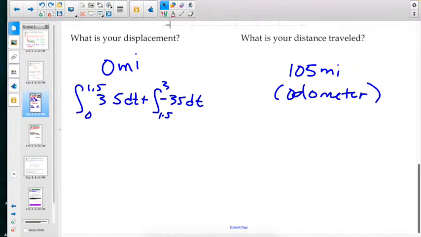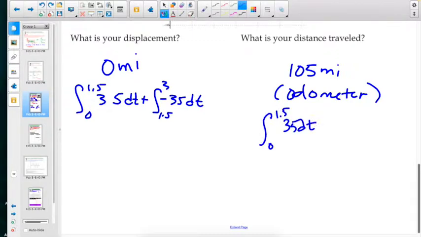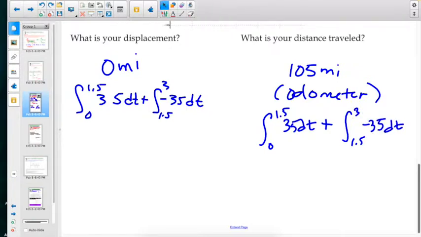Okay, where do I need my absolute value? On the negative. Okay, so Nick is saying same thing. And that's a plus sign, just my sloppy handwriting. But we need an absolute value so that this becomes a positive movement.